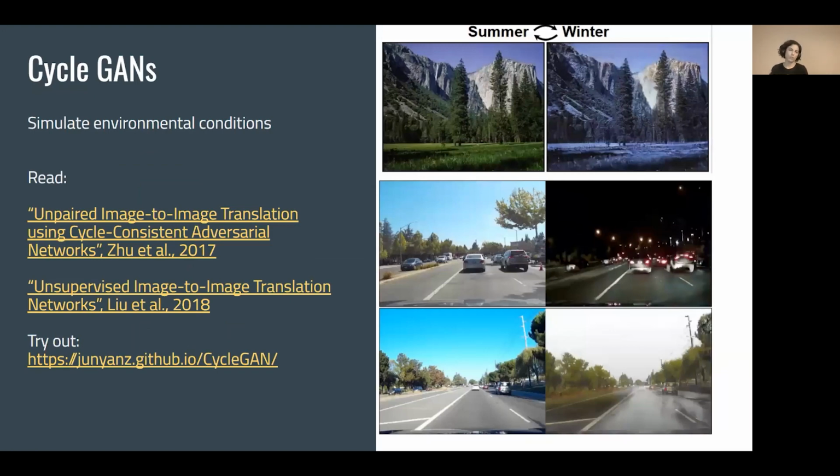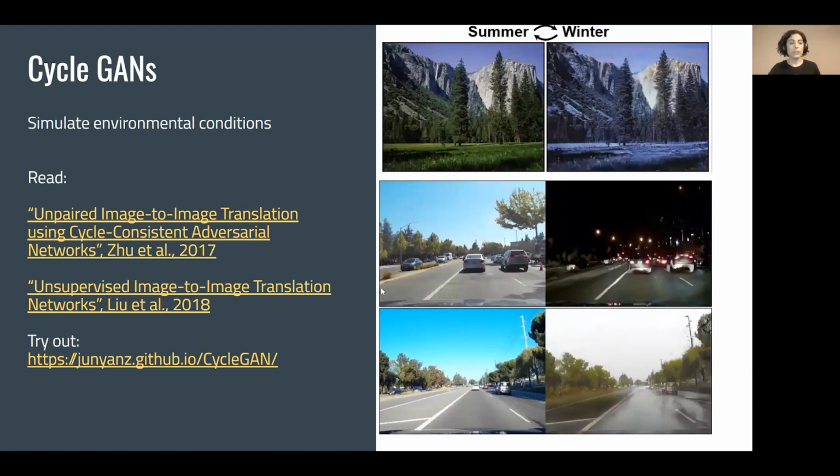Now, I'm just going to give you a couple of examples. One of these use cases can be to simulate environmental conditions. So some very impressive results came out of certain papers. I'm listing them here. And if you want to play around, there's also repos where you can play around with these. These impressive results dealt with, for instance, translating between summer and winter, day and night, maybe sunny weather and rain.